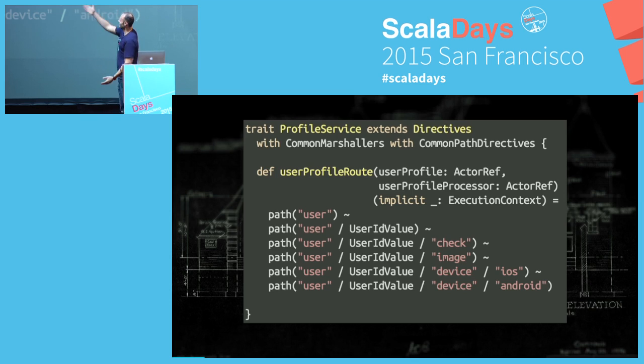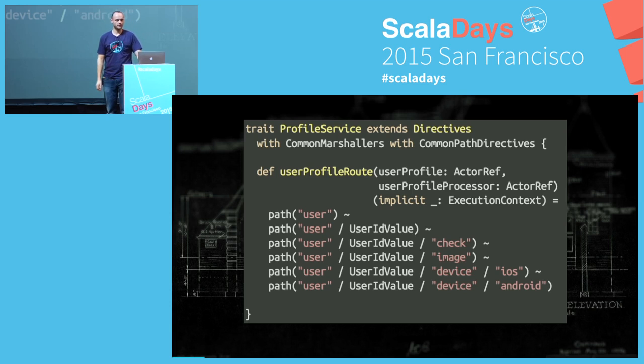But in any case, as you can see, all the URLs begin with user, followed by extractors that say, okay, if I have a request that's user followed by some Java UUID that represents the user ID, and I can add a check parameter that the mobile application requests to see that the user is still there. I can set and modify the user's image. I can set and modify the user's iOS and Android device addresses for push notifications.